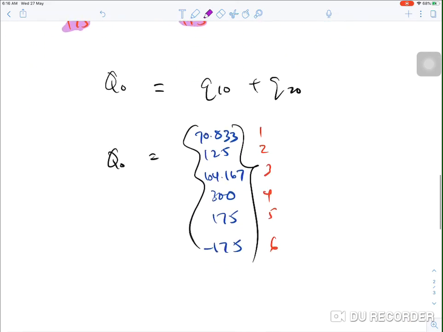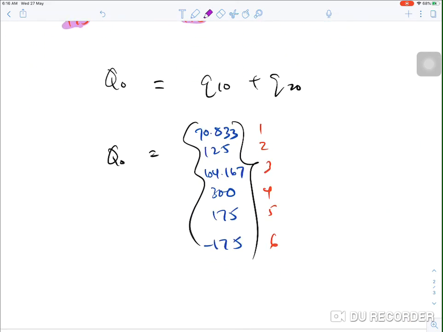So what we need to do is like this: Q naught is equal to Q1 naught plus Q2 naught. Okay, Q naught must have 6 values from 1 to 6, depending on the total degrees of freedom in the system. So just like the structure stiffness matrix, the values must be written in order, meaning from 1 to 6.